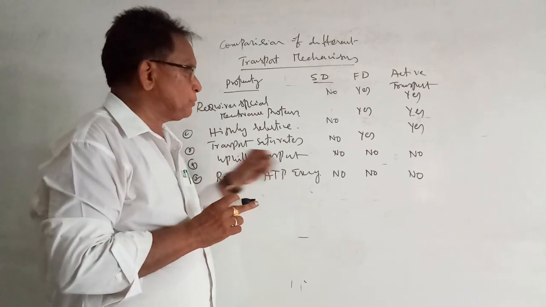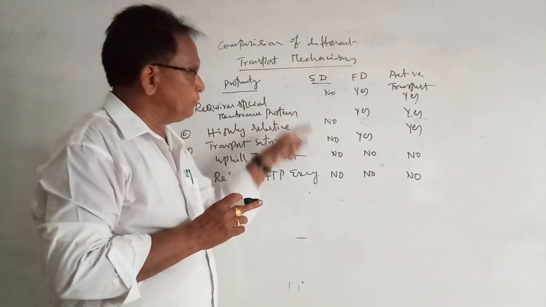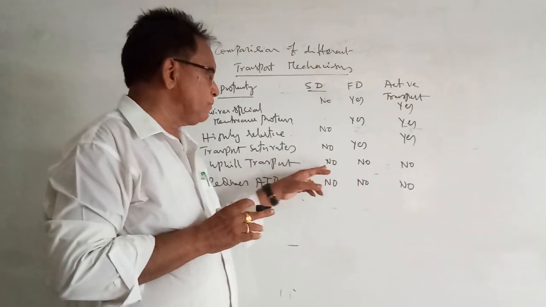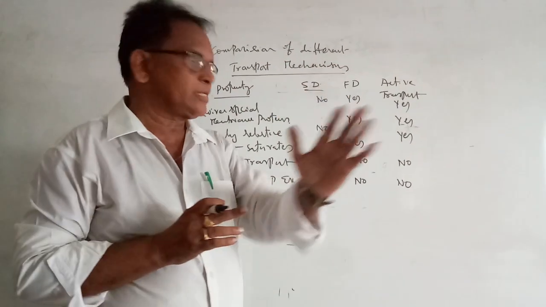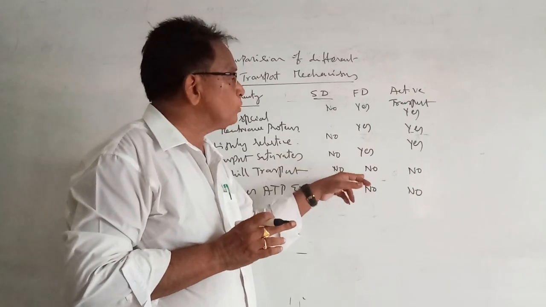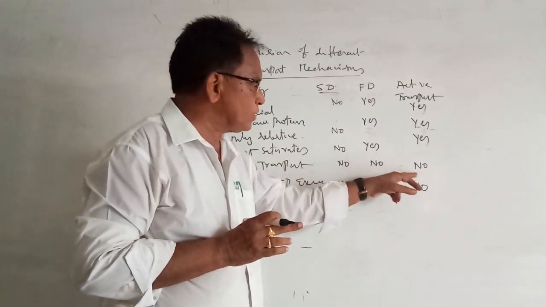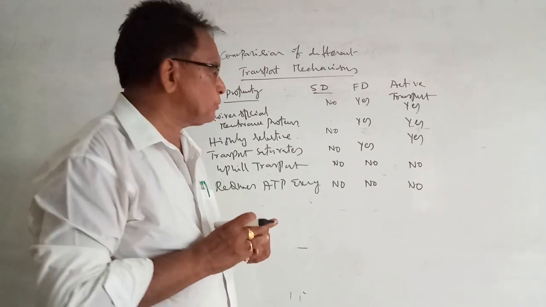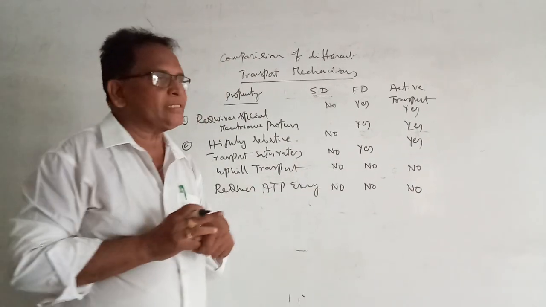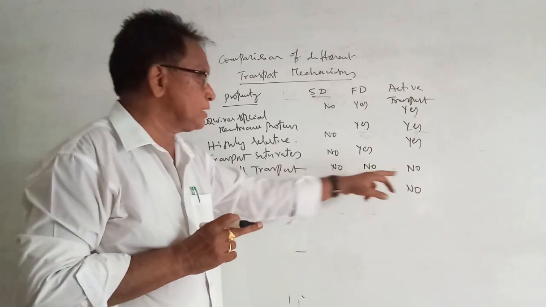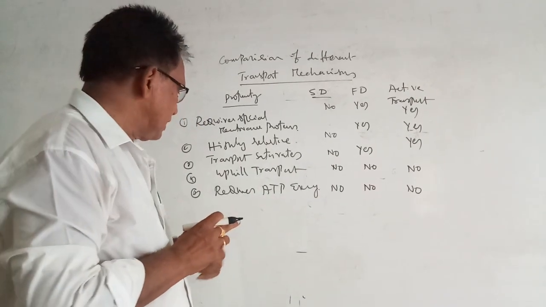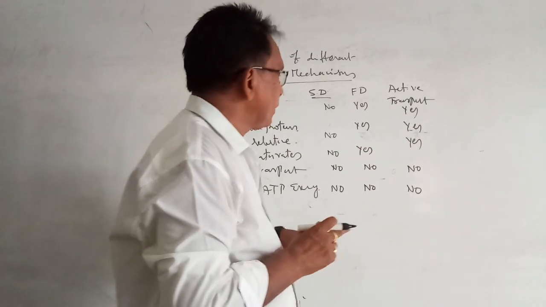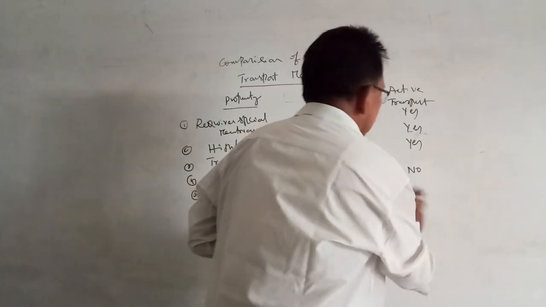And uphill transport. Simple diffusion is not uphill, but downhill, because it always occurs from higher to lower concentration. But active transport is an uphill transport, because transportation takes place from the region of lower concentration to higher concentration, and requires ATP energy.